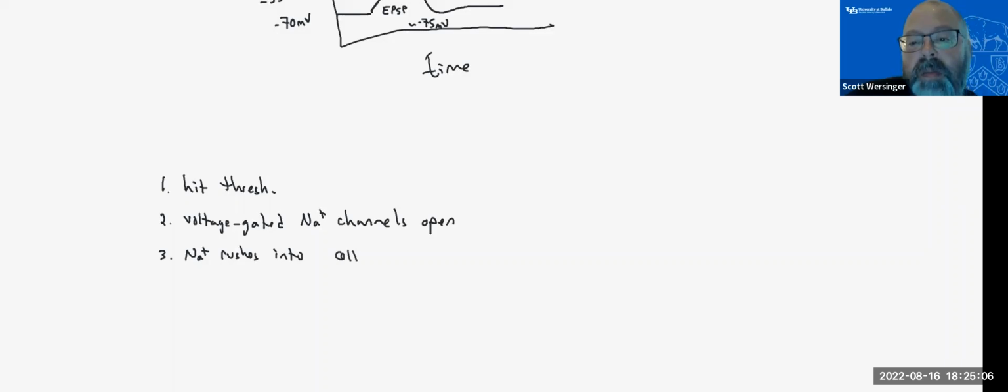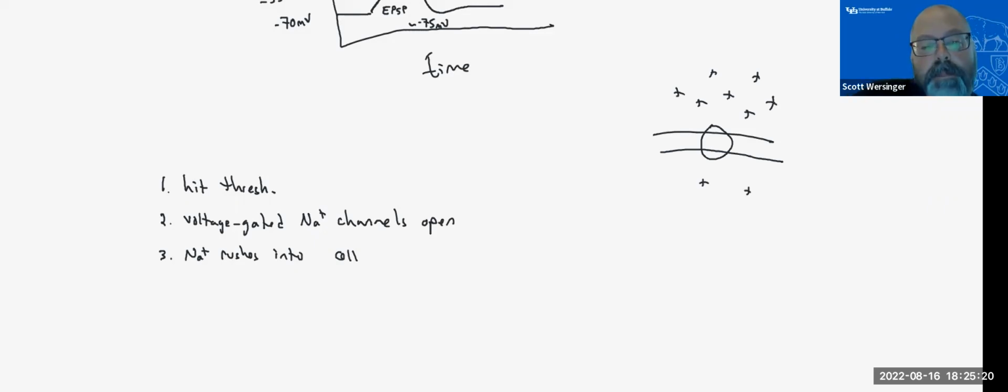So here's my cell membrane. Here's my voltage gated sodium channel. I've got a whole bunch of sodium outside. I have a little bit, but not nearly as much, inside.